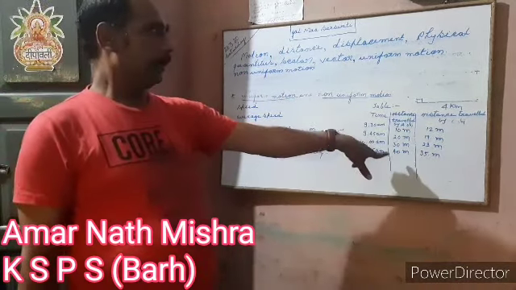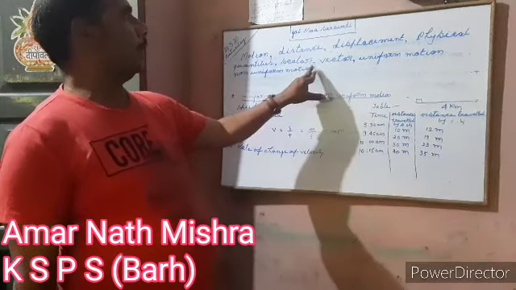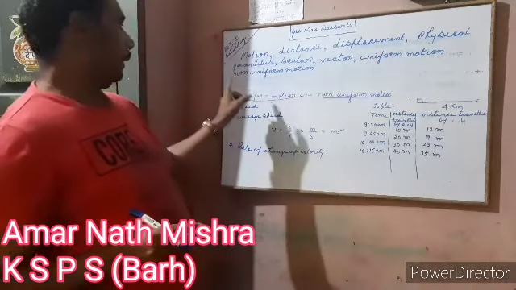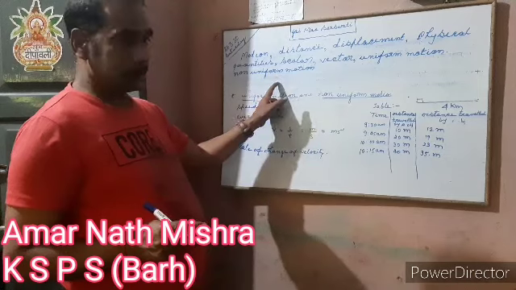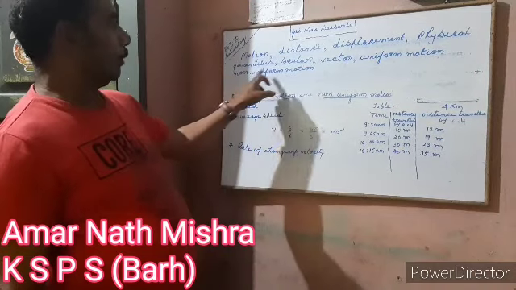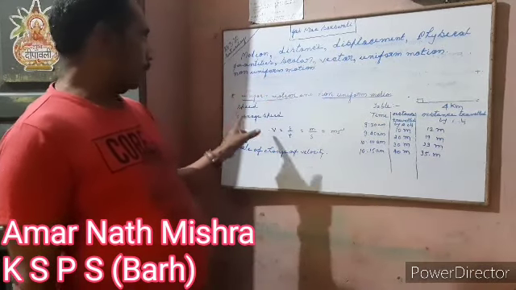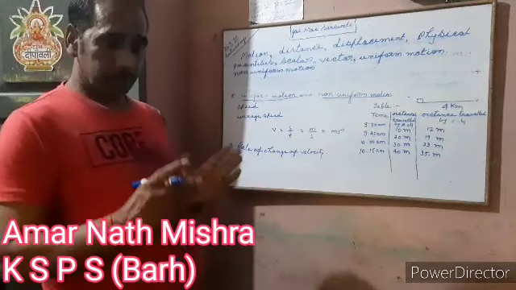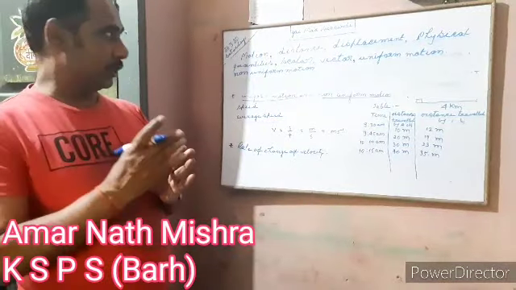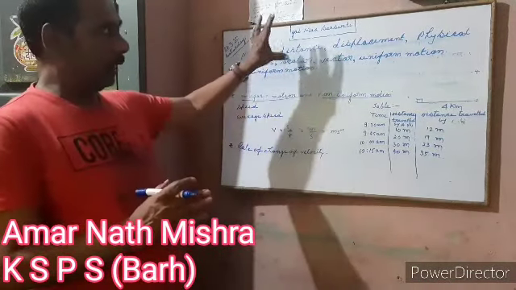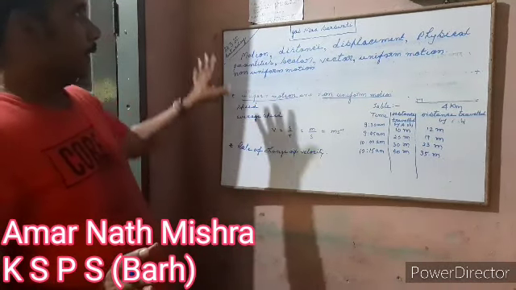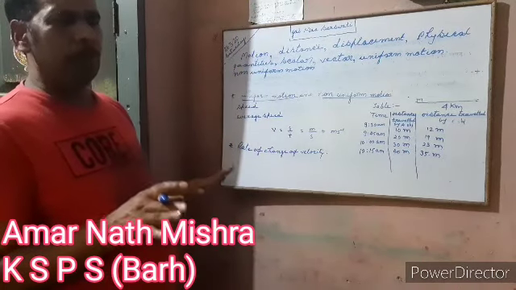So you have already learned uniform motion: a body covers equal distance in equal intervals of time. With the help of this data you will define uniform motion. A very important term always. And a body which covers unequal distance in equal intervals of time is called non-uniform motion. Related to this, the rate of motion is called speed.